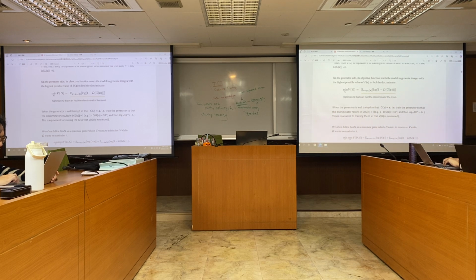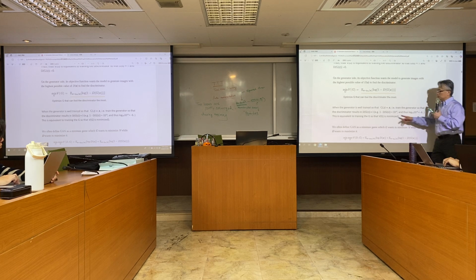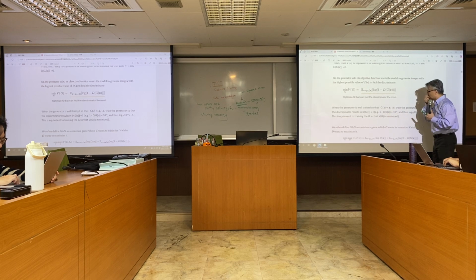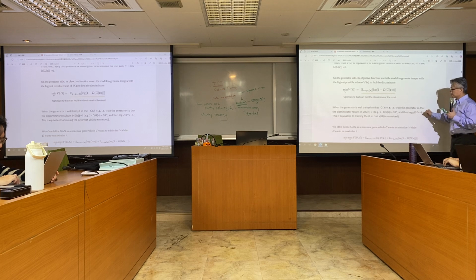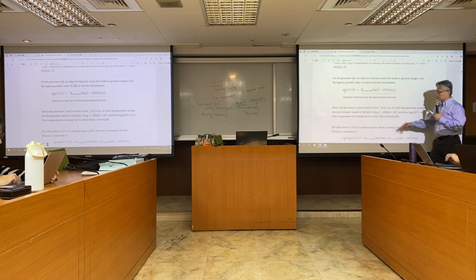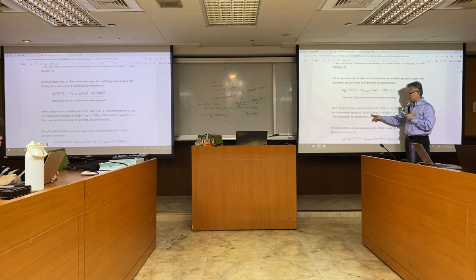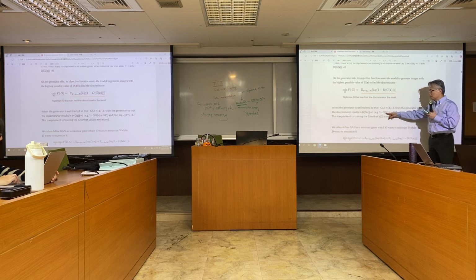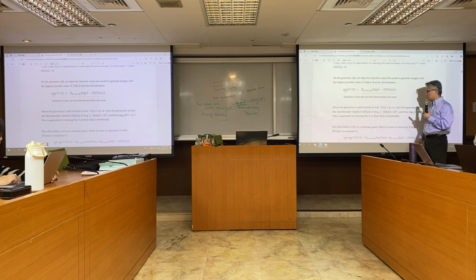So when the generator is well trained, the generated output goes close to the original input image X. We train the generator so that the discriminator output on the generated image is close to 1. That is to say, you can set up 1 minus D of G, which is 1 minus 1, and it should be close to 0.